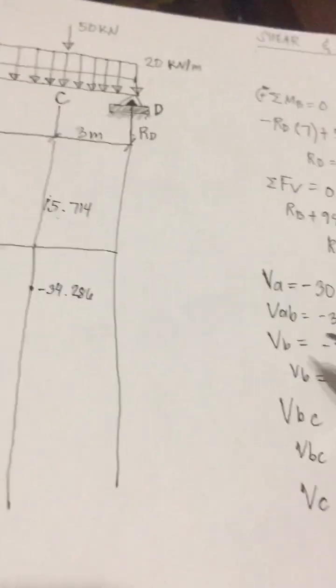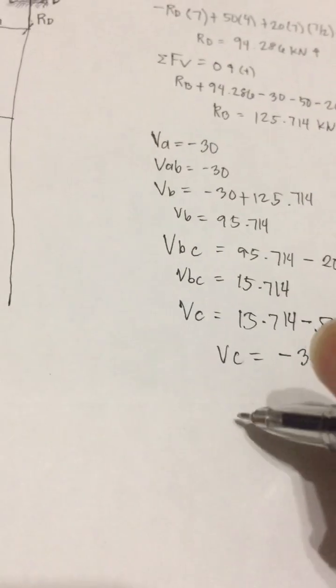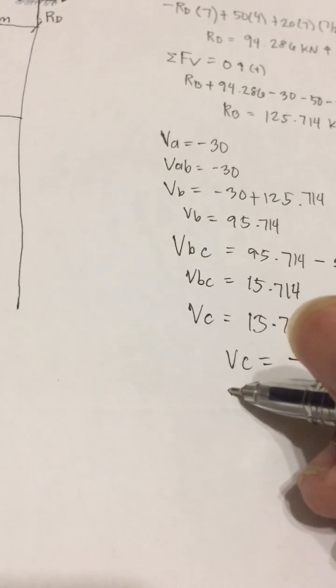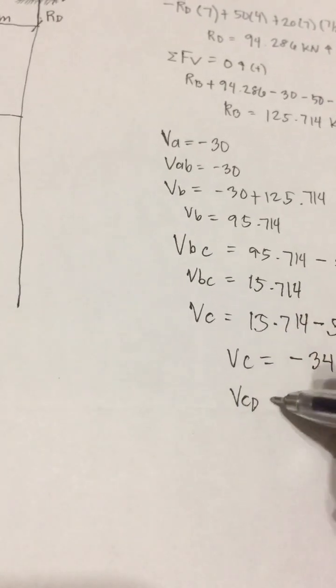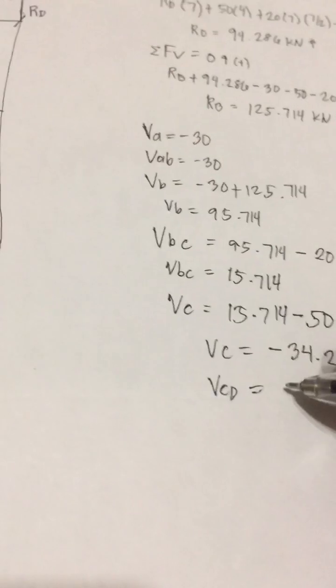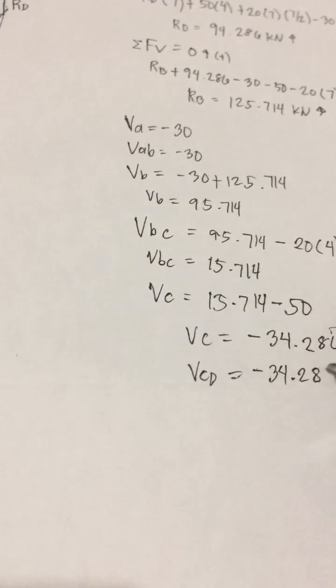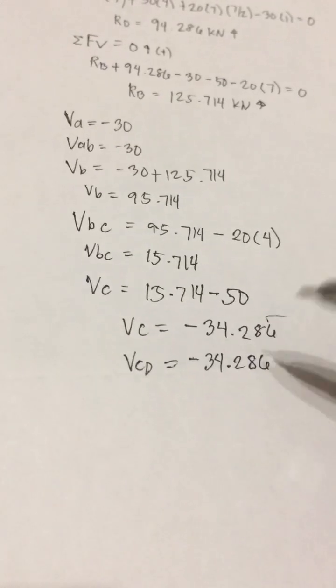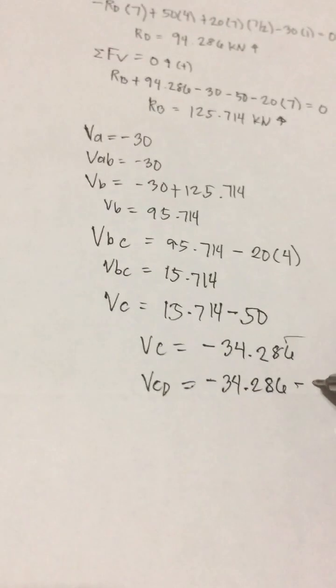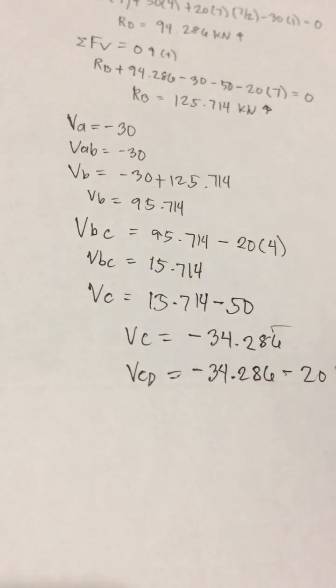So we can formulate the equation: shear from C to D is equal to negative 34.286 minus 20 times 3.